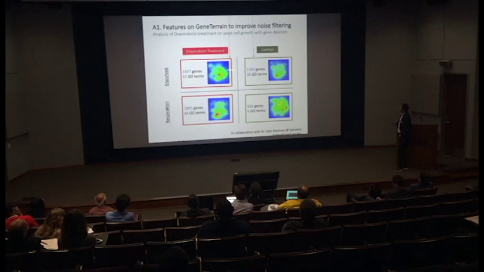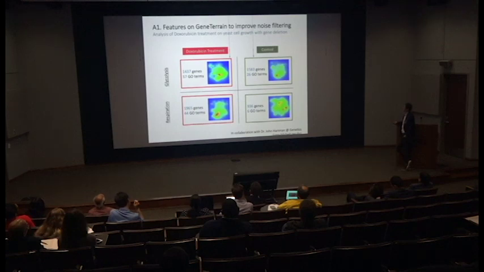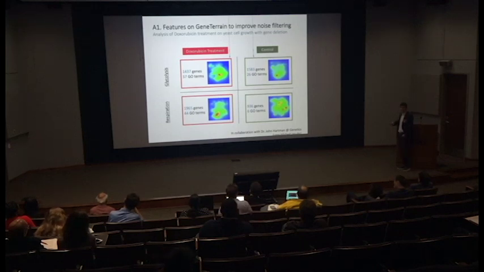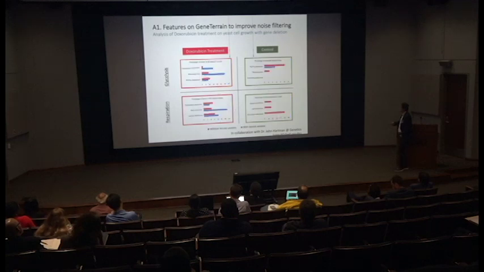So we plot the gene terrains, and we found out that there are actually more or less features within the gene terrain. So we can just zoom into specific features and ignore the rest of the noisy peripheral regions. This is our way of cherry picking, but as I said earlier, our way of cherry picking is best because it is a more informed decision.